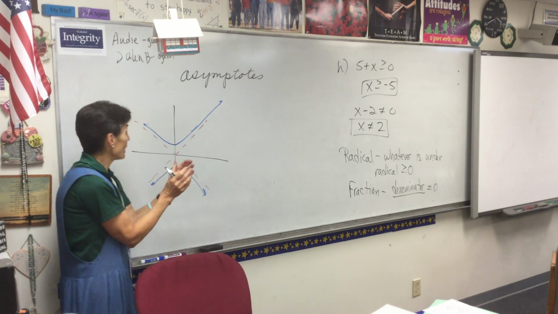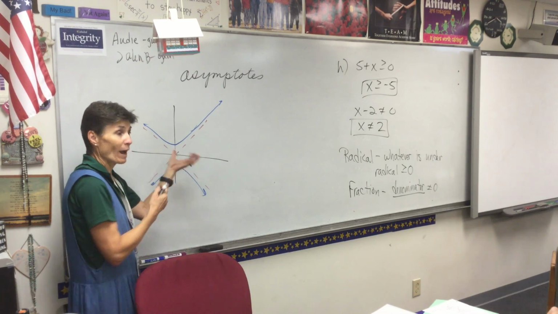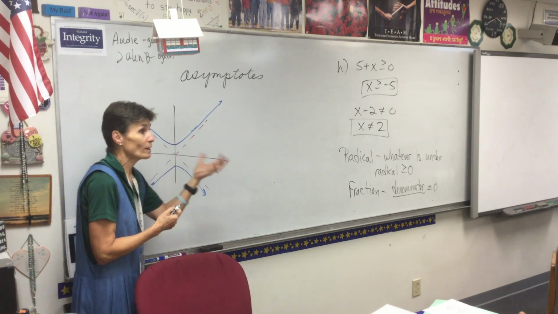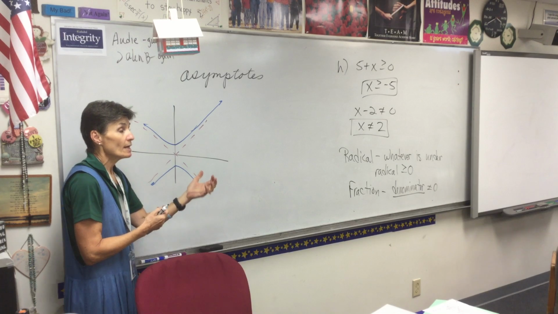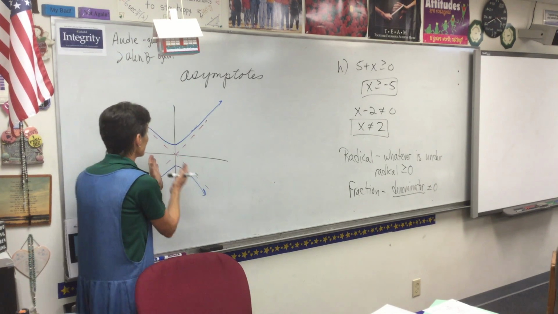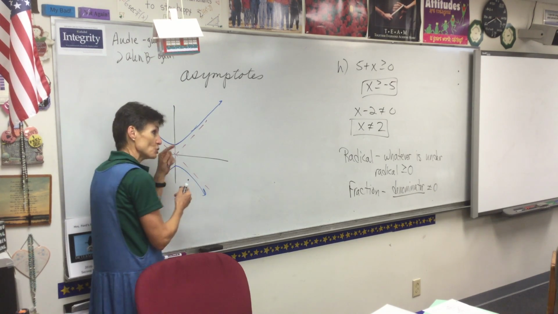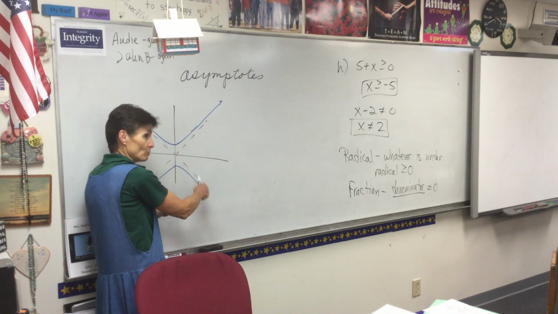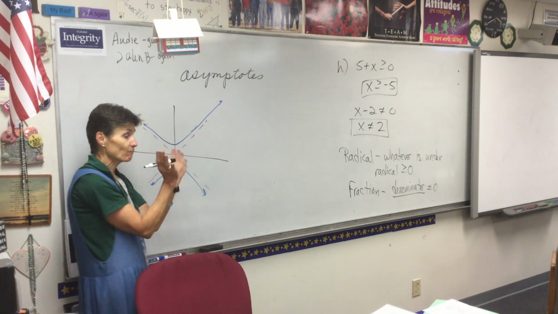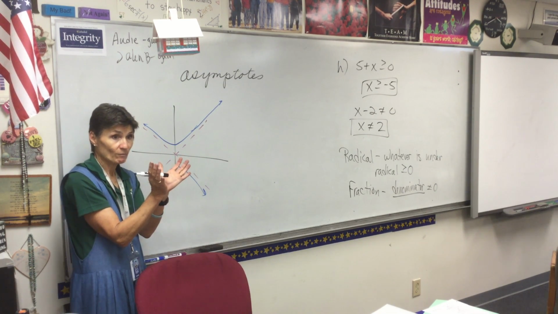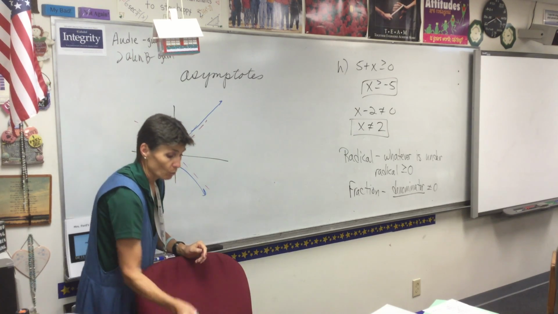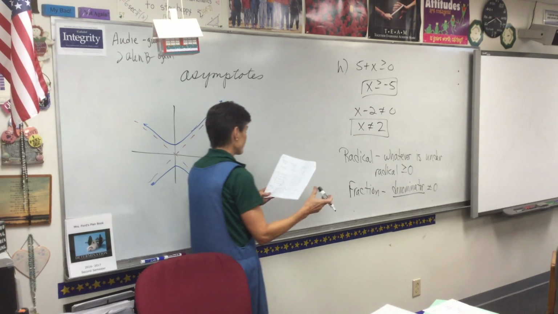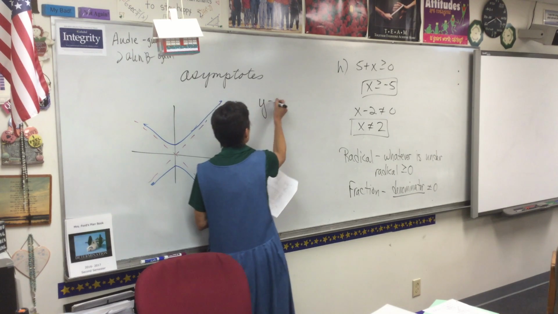When you go to graph some of these wacky looking equations, you're going to have to put in asymptotes. And we start with the asymptotes because they're the framework. Did you know this? Before I drew the blue, I drew the purple, because they frame whatever I'm going to be drawing. So we're starting with the simplest asymptotes, the vertical ones.